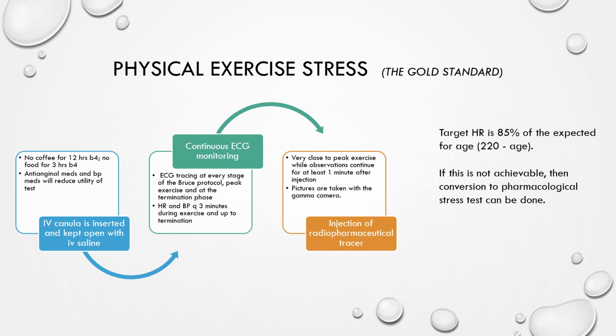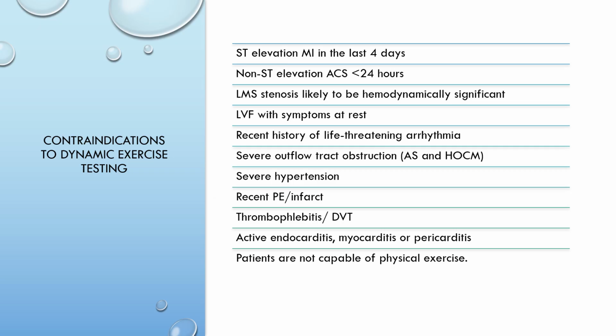And then we continue monitoring for another minute before the patient is taken off the exercise machine. If the heart rate is not achievable, then conversion to pharmacological stress test can be done at that point.